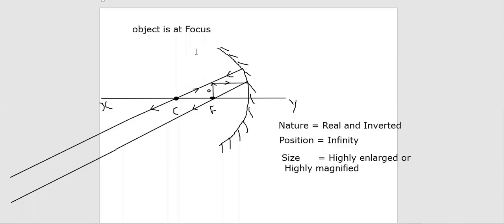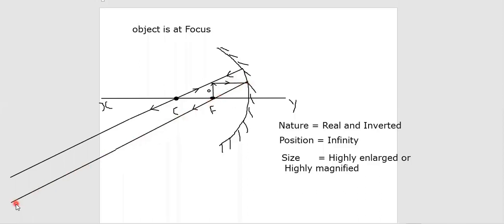Okay, I'll do one thing. I'll explain once again. If an object is at focus, suppose consider a ray of light is coming, which is parallel to the principal axis, after reflection it will pass through the focus.